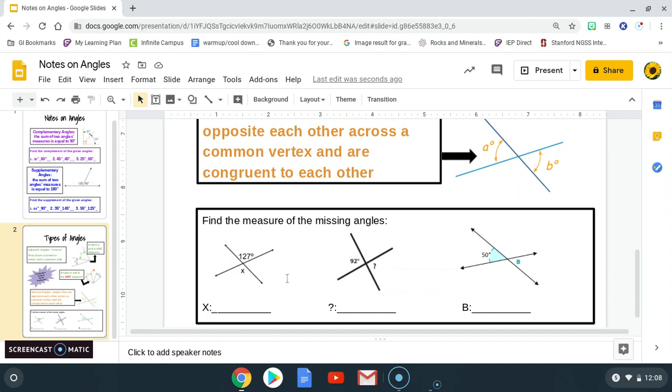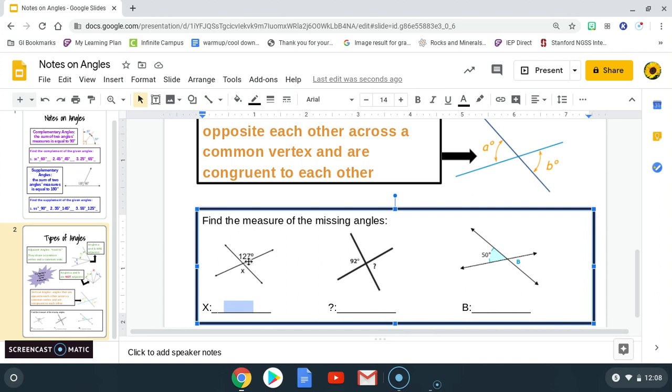So let's go down here for vertical. These are all vertical angles, okay? So if I told you that the vertical angles have the same measurement, all this is telling us is, if this is 127 and this is right across from it, this is also 127 degrees.